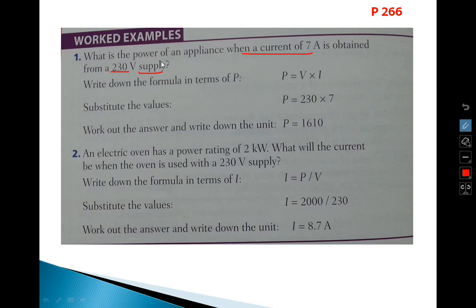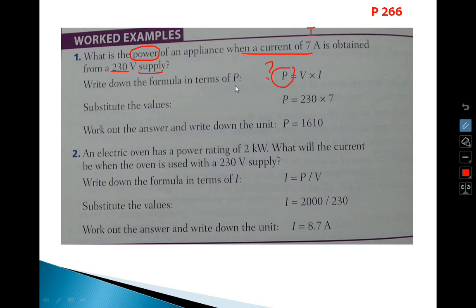So we need to calculate P. When current I is equal to 7, from a power supply of 230 volt.